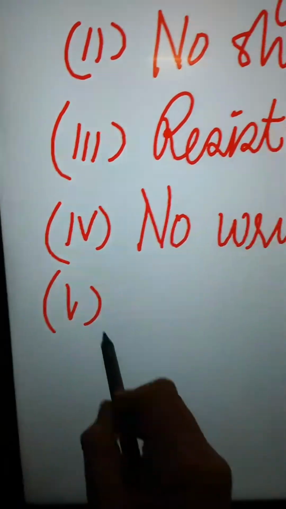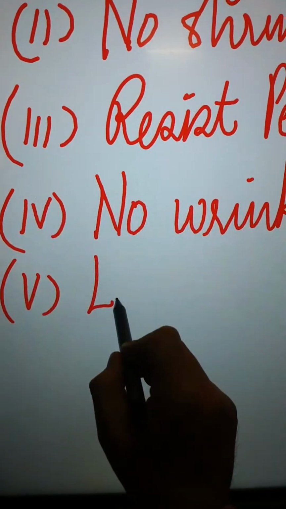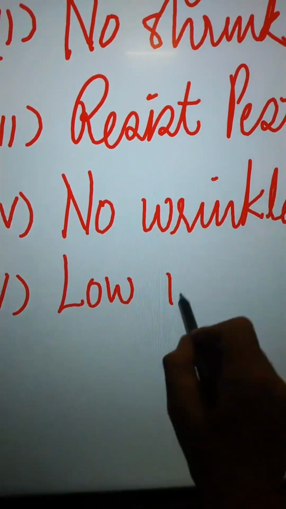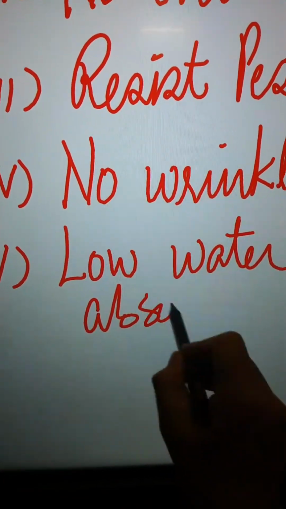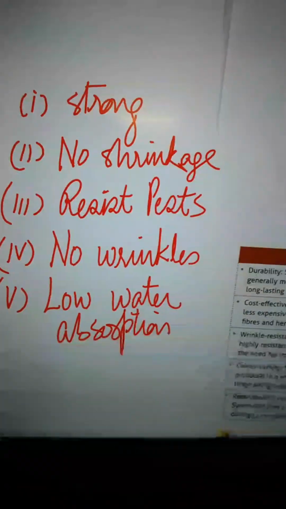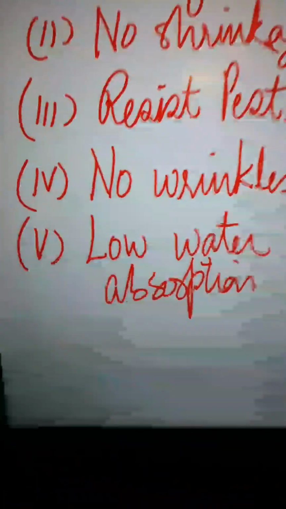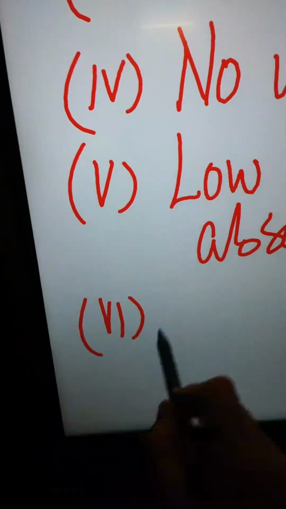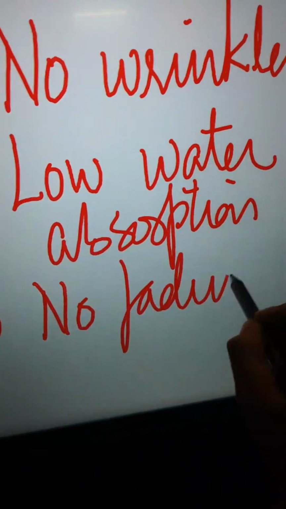Fifth property of synthetic fiber is that they have low water absorption. Synthetic fibers do not absorb water or they dry quickly. And sixth, you can say they do not fade.